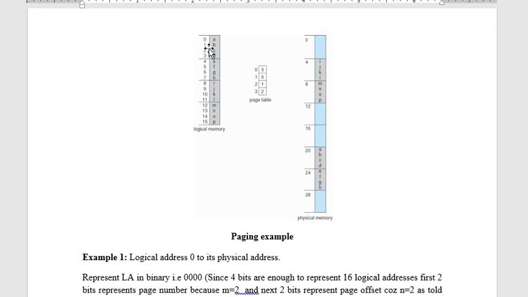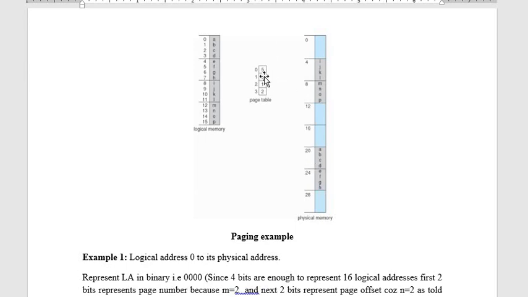So assume this is my page 0, this is my page 1, this is my page 2, page 3. So page 0 has been kept here, that is frame number 0, 1, 2, 3, 4, 5. So this is my 5th frame. I mean in the index it's 5, but in count it is the 6th frame. So it has been kept here.